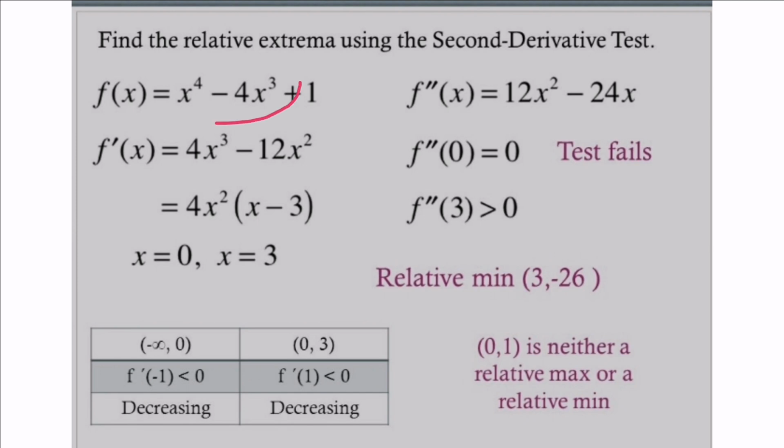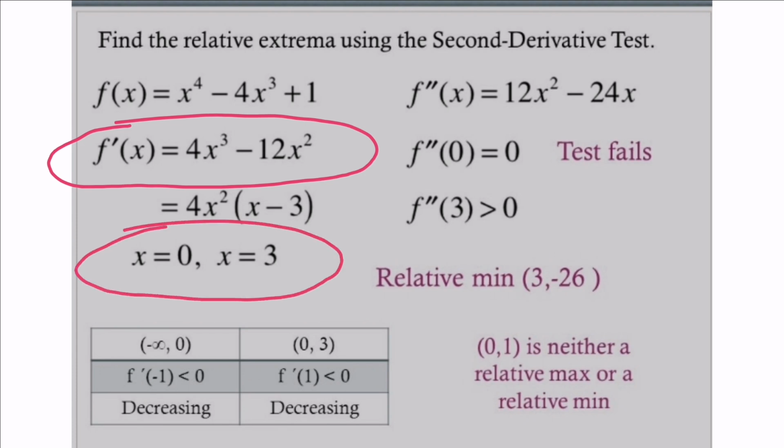The term 4x power 3 becomes minus 12x power 2 and 1 is a constant, therefore the derivative of 1 is equal to 0. Now by taking 4x square common, this becomes 4x square into x minus 3. Now if we put the first derivative equal to 0, then by solving we get x equal to 0 and x equal to 3 as critical points.